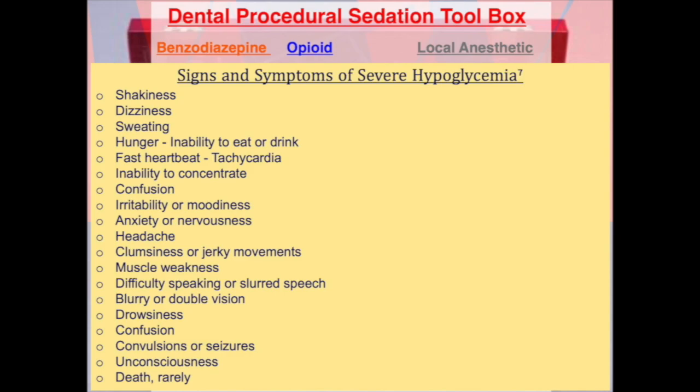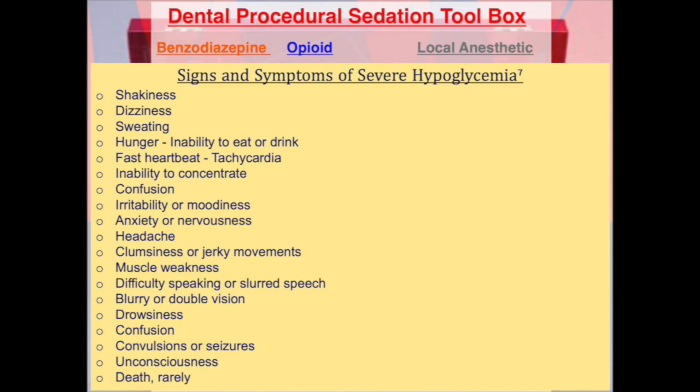So along with that, you'll see confusion, irritability, moodiness, anxiety, nervousness, headache, clumsiness or jerky movements, just from all the low blood sugar going to the brain, which commands a lot of blood supply and a lot of energy.